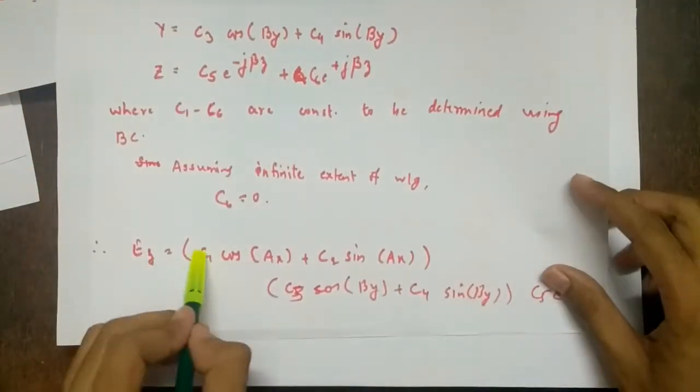Next, we have to find c1, c2, c3, c4, c5 using boundary conditions.